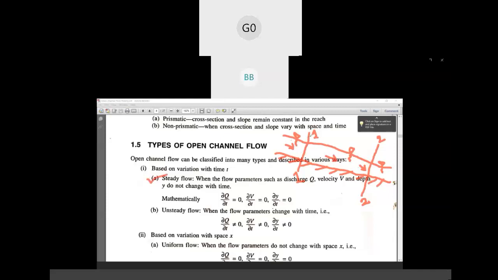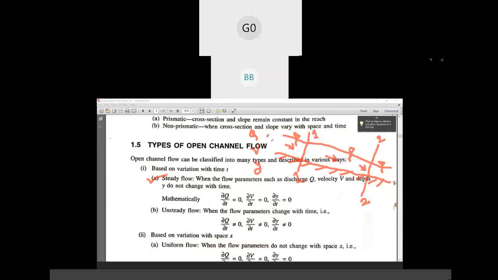You come to the first section and measure discharge, velocity, and then depth of flow. Then you wait for another 1 hour and measure the same parameters in the same section, section 1.